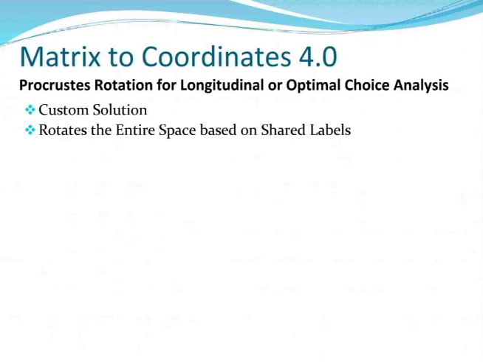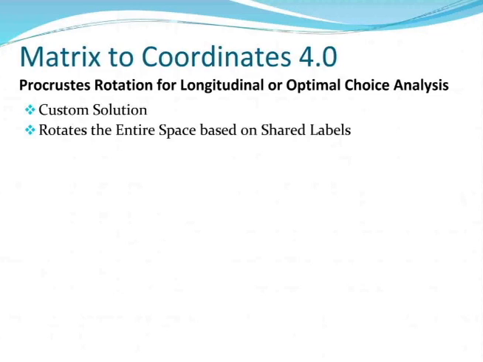Okay, so what I did is I used a custom Procrustes solution, which will rotate the entire space based on shared labels. What that means is, let's say in time 1 you have 5 people, and in time 2 you have 10 people, of which 5 are from the original point in time.